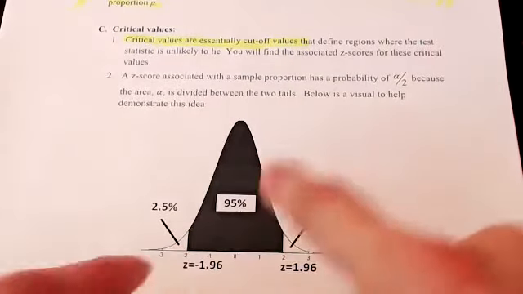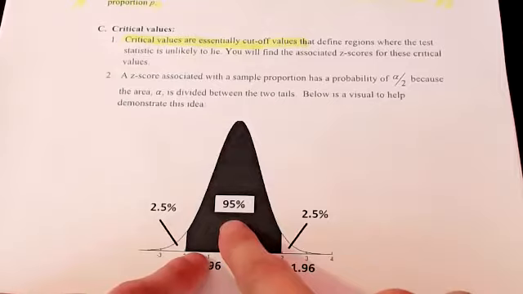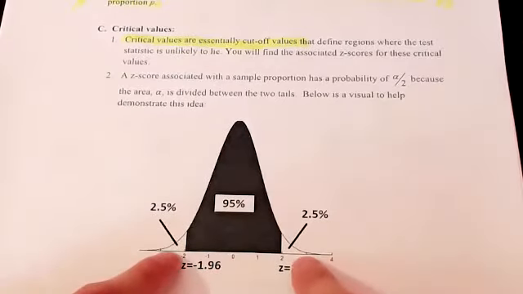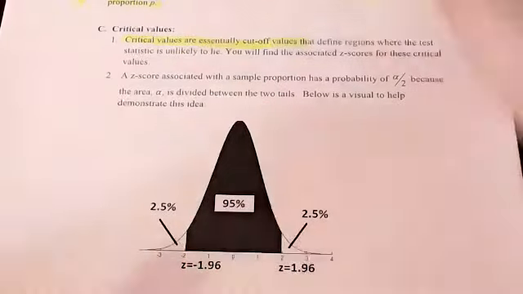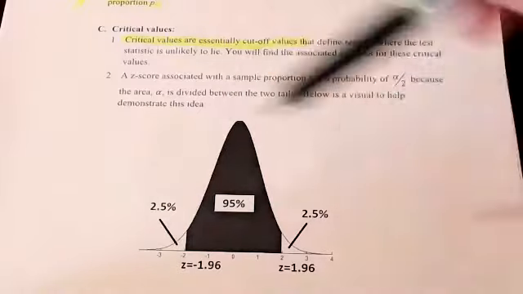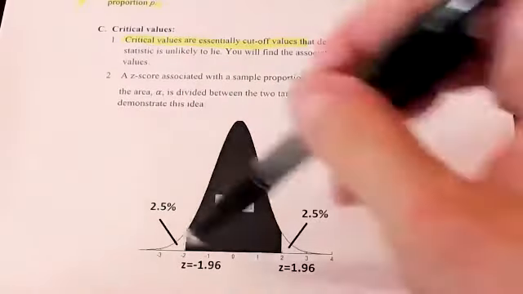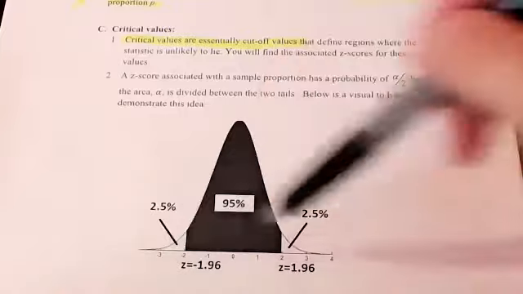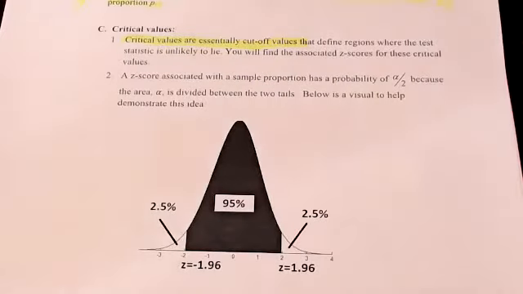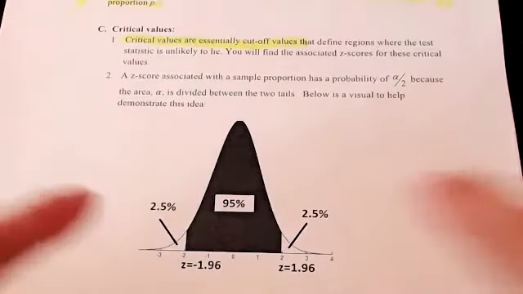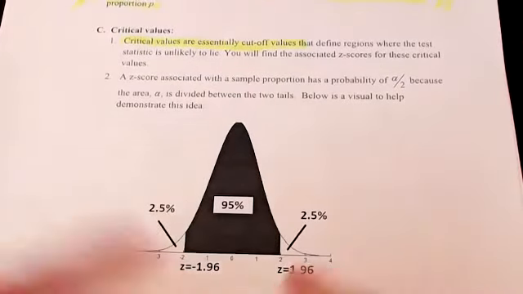We would say, okay, that means I have 5% left to split between the tails. So immediately when we drew our curve, we would label each side as having 2.5% within these regions, the lower bound and the upper bound, right? Okay, so we'd go to our z-score table and find the associated z-score for that region. Same exact idea.